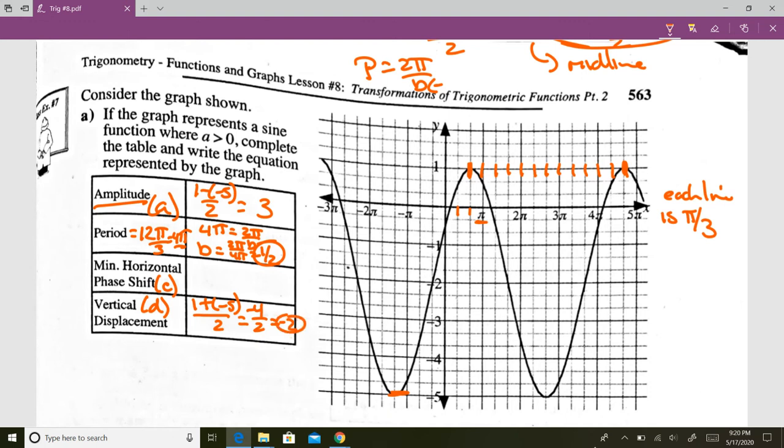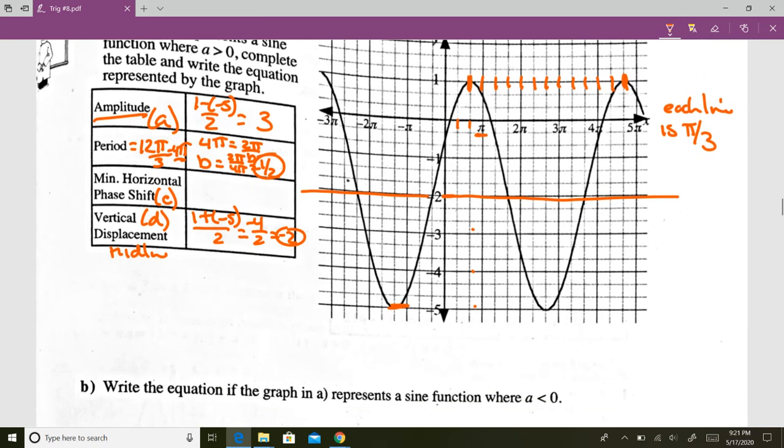Okay, this is the midline, like I said up before. Our midline is negative 2. And if you look at it, that cuts the graph in half vertically. It's 1, 2, 3 up, and 1, 2, 3 down to the peaks or the troughs. Okay, so that's what that is.